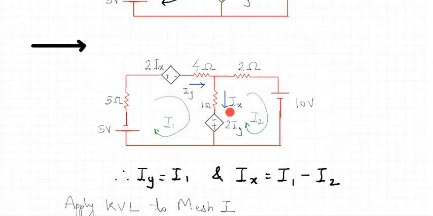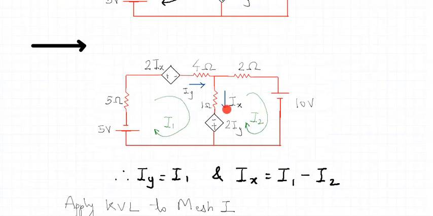What about Ix? The direction of the current Ix is this. In this particular branch, there are two currents flowing: I1 and I2. Now whether Ix should be I1 minus I2 or I2 minus I1, who decides that? It is decided by the direction of the arrow.